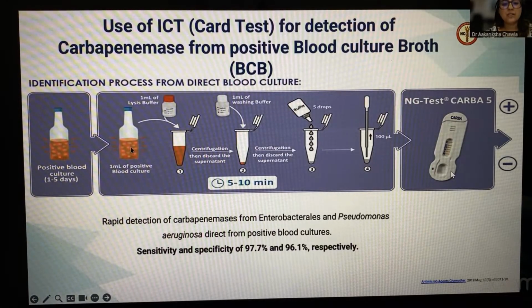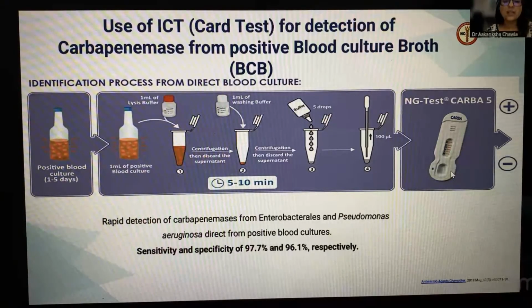Once you have a positive blood culture, it is processed again based on the manufacturer's recommendation and put on the test to detect the resistance. And as you can see, it has a very high specificity and sensitivity of 97 and almost 96%.